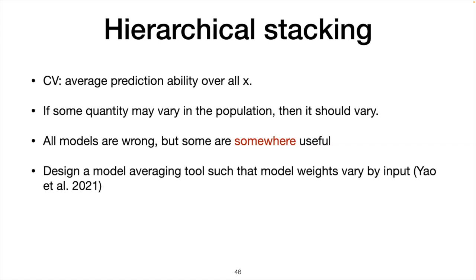So a natural idea is that if some quantity should vary in the population, then it should vary. Here, all models are wrong, but some models are useful in some places. So we want to design a model averaging tool such that the model weights themselves vary in the population.